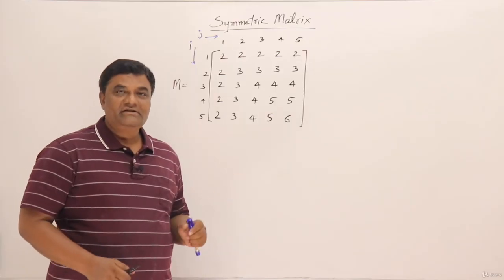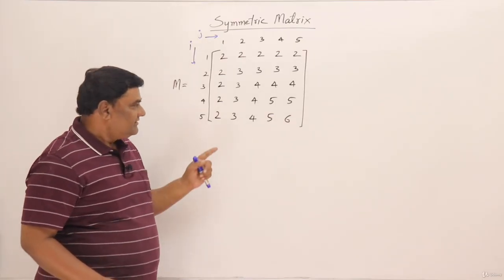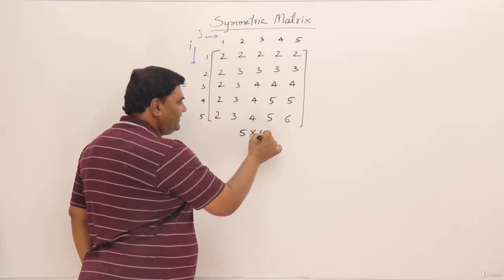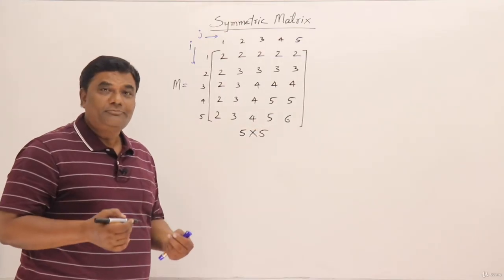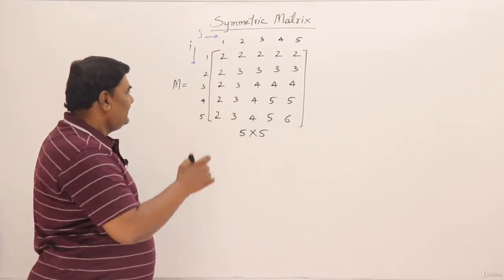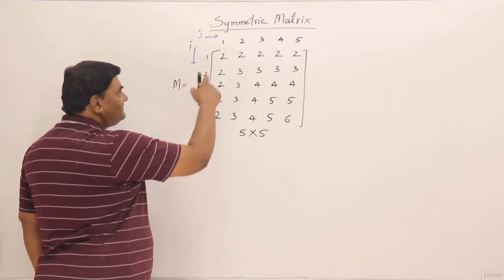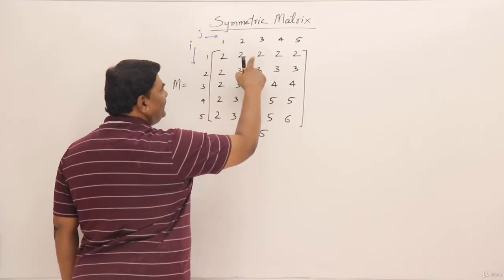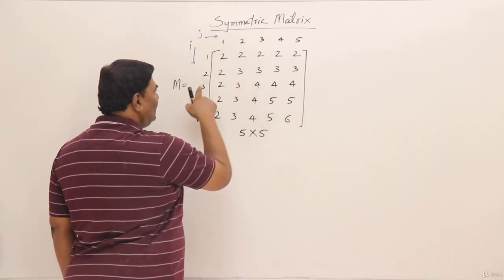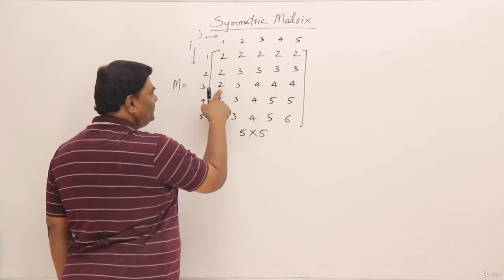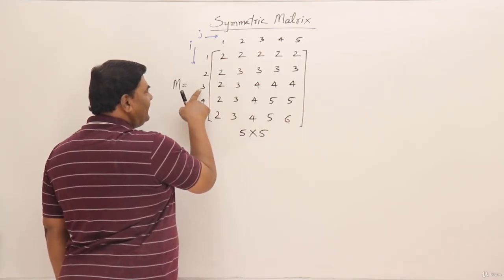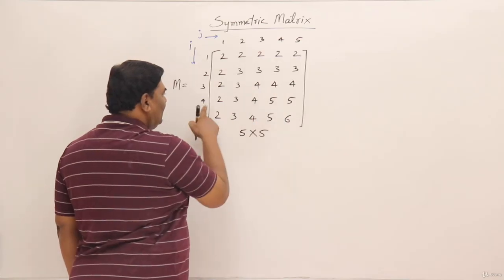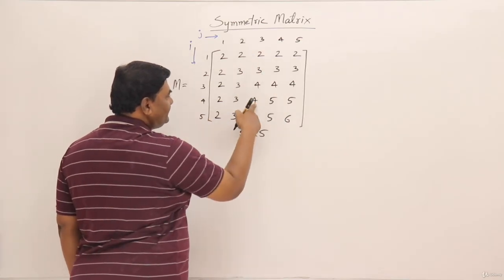Now the next topic is symmetric matrix. Here I have taken an example of a symmetric matrix of order 5 cross 5. Let us observe the property of this matrix. See, these are row numbers and these are column numbers. The element at 1, 3 is 2 and at 3, 1 is also 2. The element at 3, 4 is 4 and at 4, 3 is also 4.